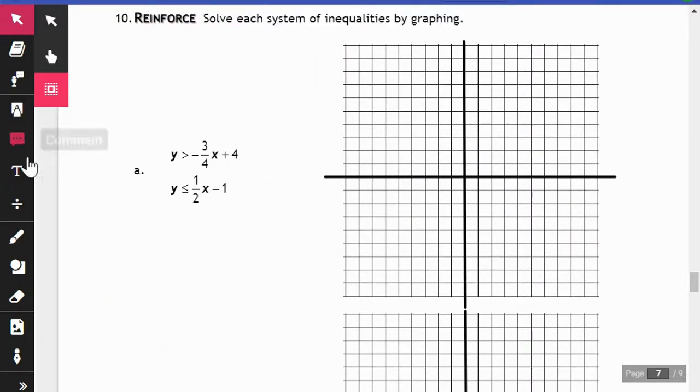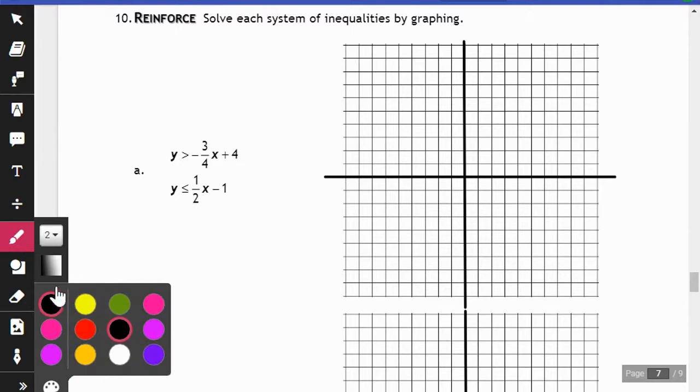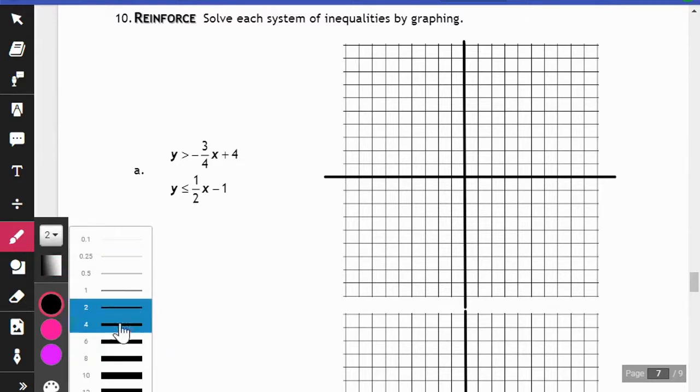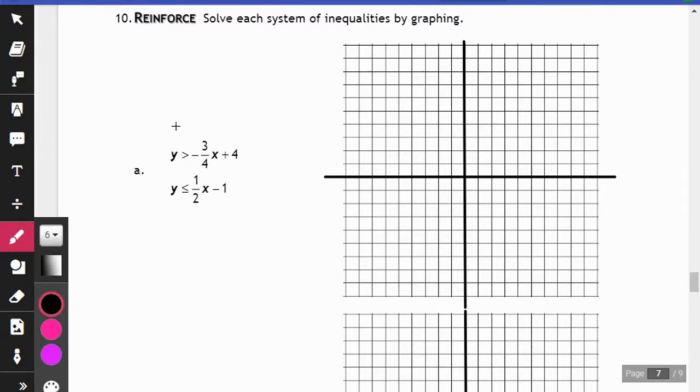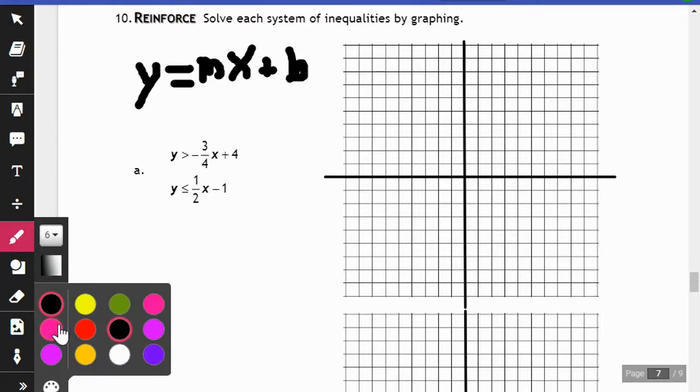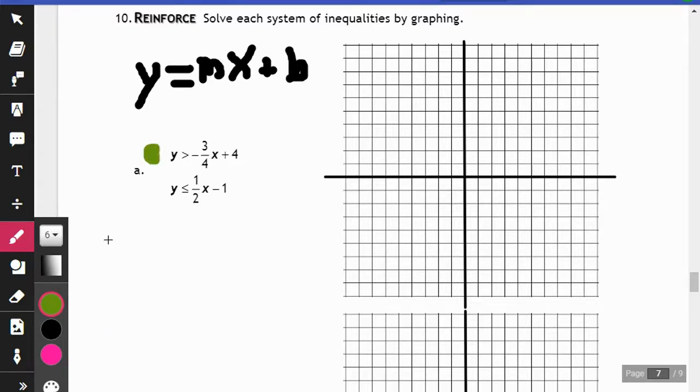Now I'm going to put size 6 here. No, these are in y equals mx plus b form. I know you can use graphing to solve it, but we're not going to. We're going to use y equals mx plus b. I'll make this one green and this one pink.